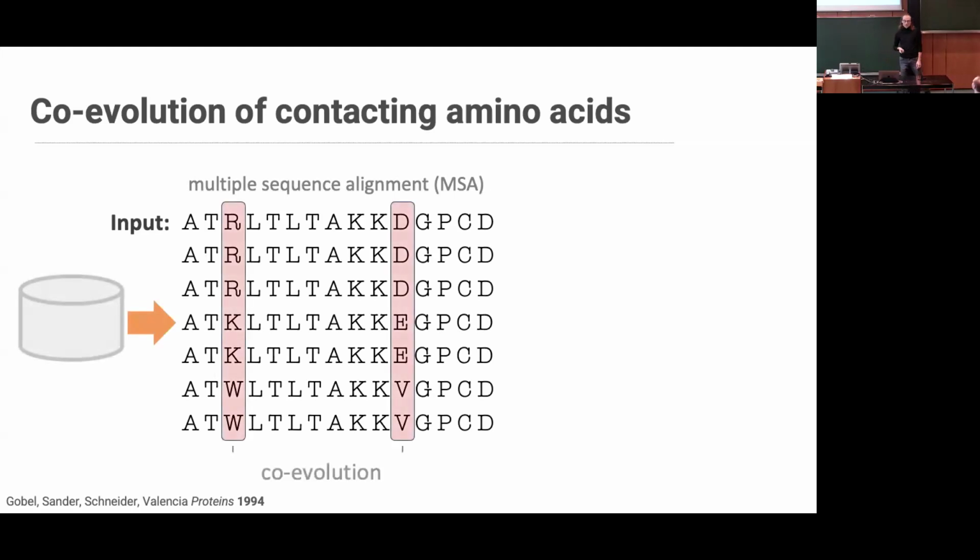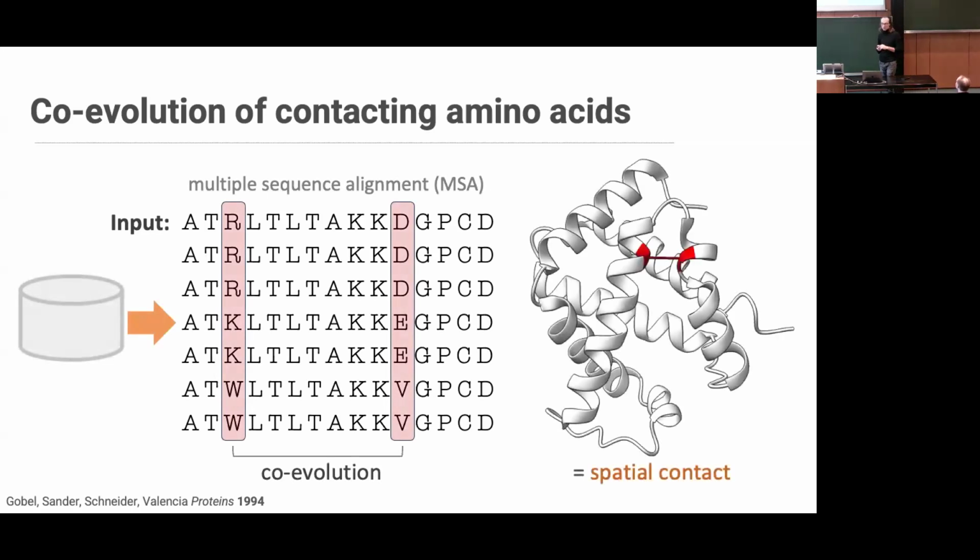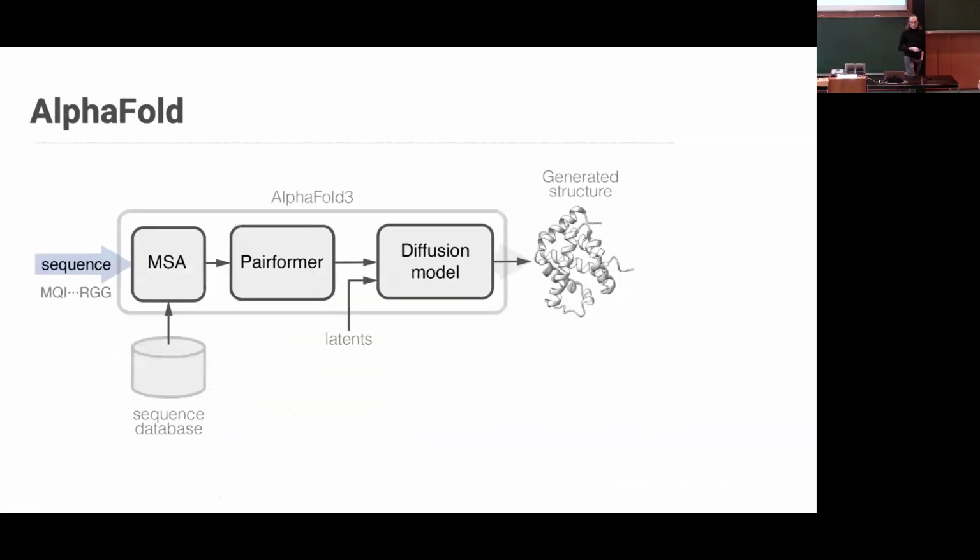And then what they discovered is that there will be pairs of locations that mutate in a correlated way. And what they showed is that those pairs of locations correspond to spatially proximal positions. So if you change this amino acid, you also need to change its interacting partner, otherwise the protein may break up. So from that, you can infer some quantitative map of spatial contacts, and learning the structure of the protein from that input is a much more tractable machine learning problem, that indeed AlphaFold solves.